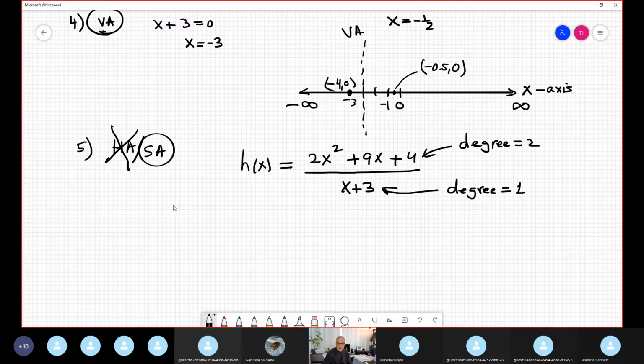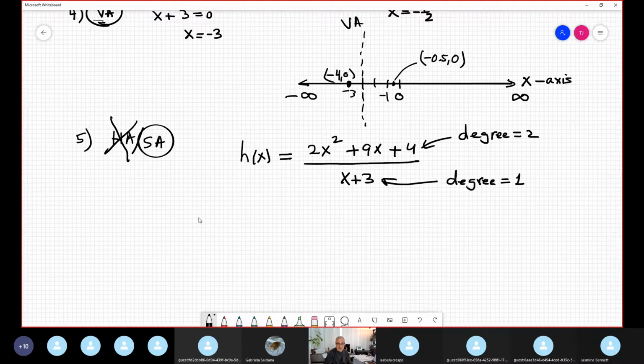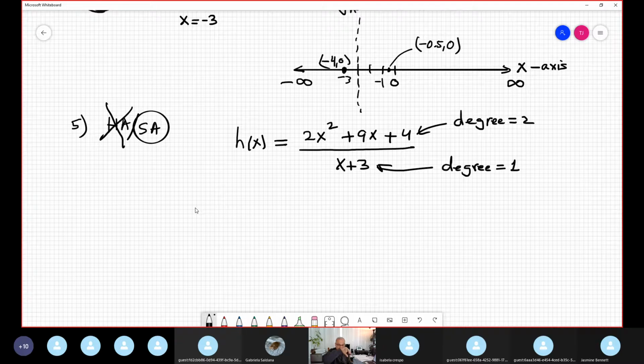And to find the equation for the slant asymptote, which is a line, but not horizontal or vertical, an oblique line, what should I do? Tell me, guys.